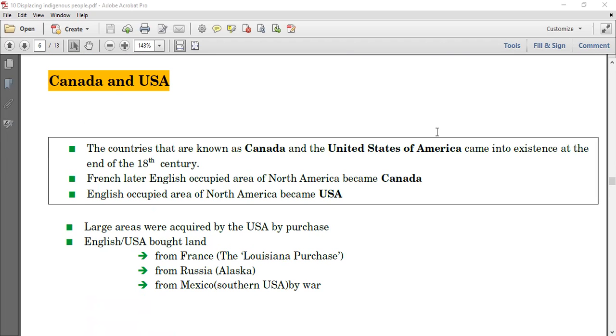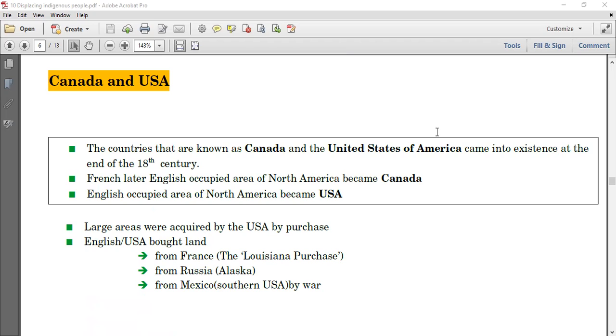The countries known as Canada and the United States of America both came into existence at the end of the 18th century. The French, later English, occupied area of North America became Canada.